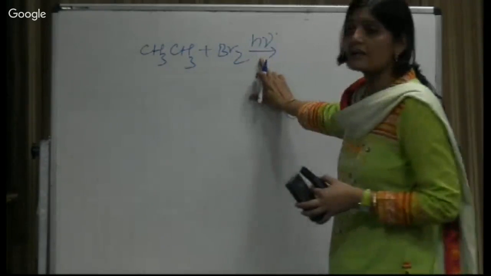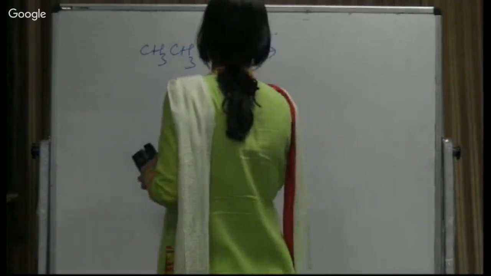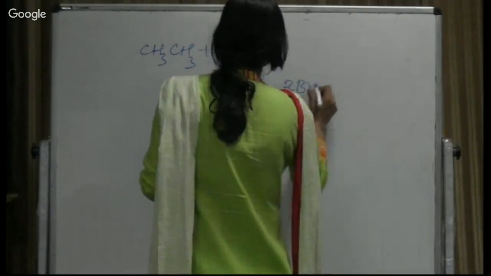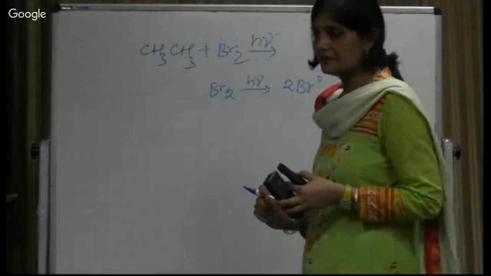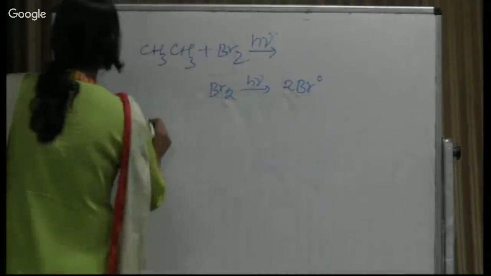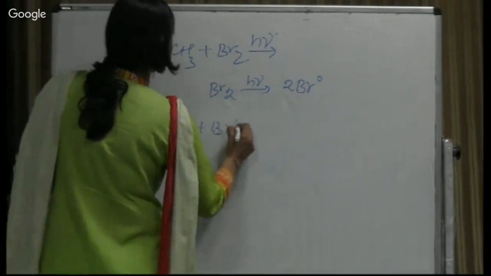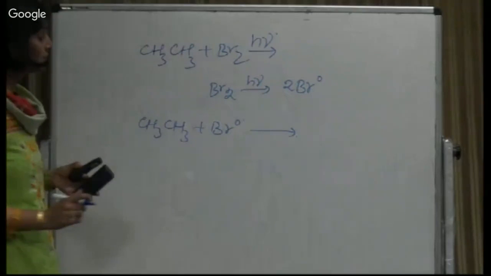When you are doing the reaction in sunlight, what will happen? What will be the mechanism of the reaction? You have a bromine free radical being generated. This bromine free radical will react with this, and what will you get?